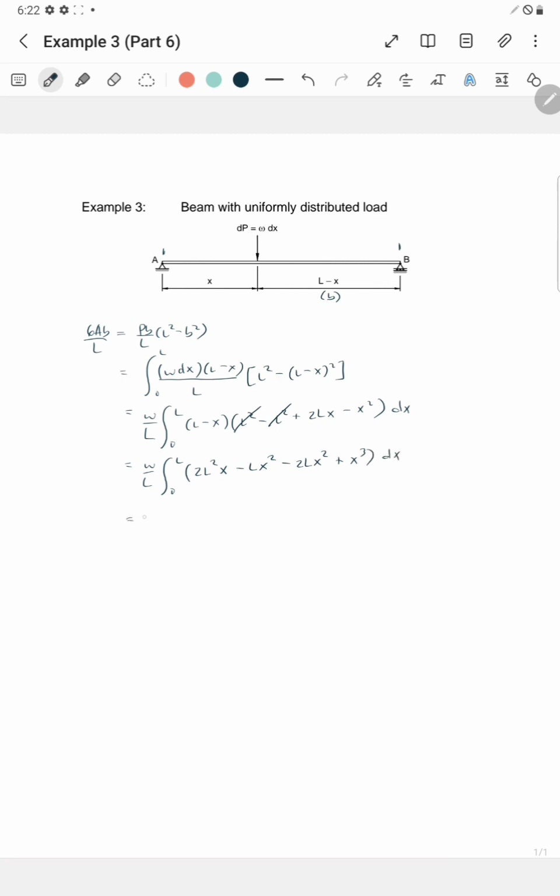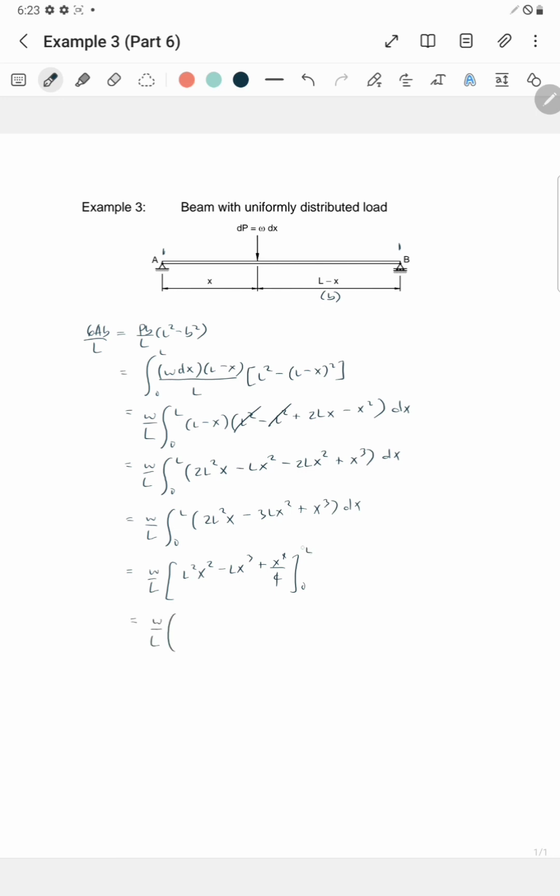Then simplify further. So 2L square x minus 3Lx square plus x cubed. Then integrate. So L square x square minus Lx cube plus x4 over 4, limits 0 to L. Substitute the limits, then simplify.